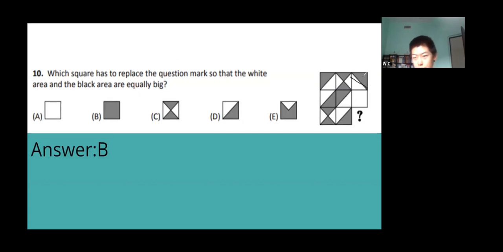So we can take out this square, this square, this square, this square, this square, and this square, because they all have half of their area shaded in. We're left with one white square. So therefore, we need one black square to make the white and black area equally big.